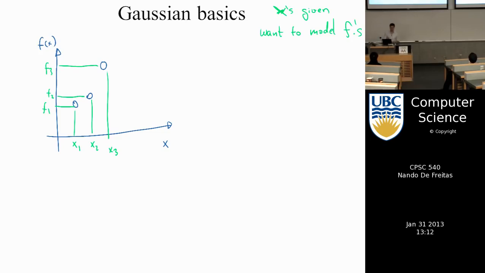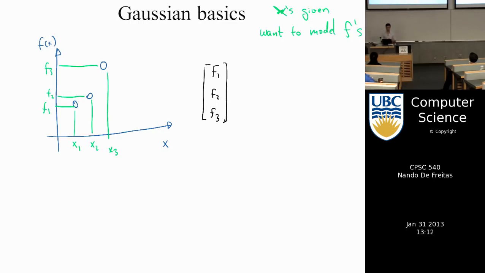So I'm going to say, in particular, that f1, f2 and f3, which are 3 numbers, form a vector.